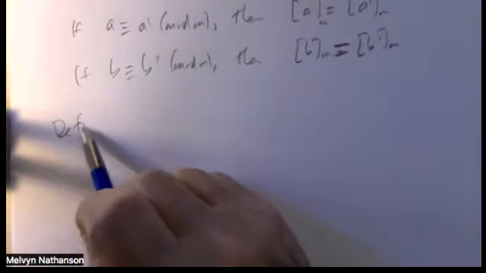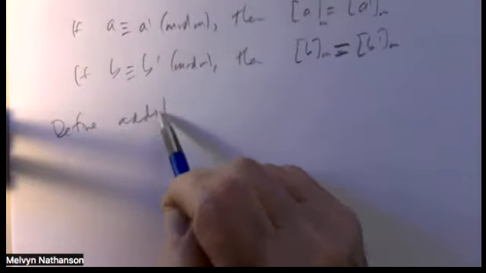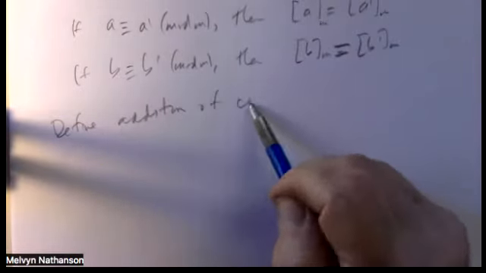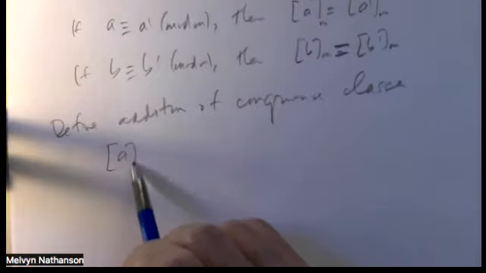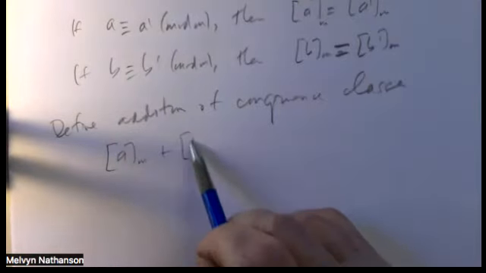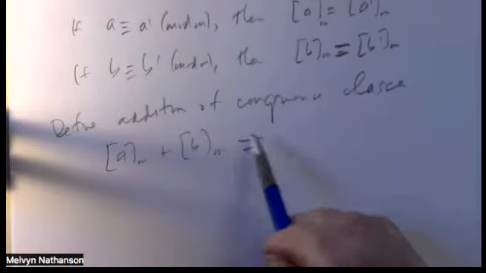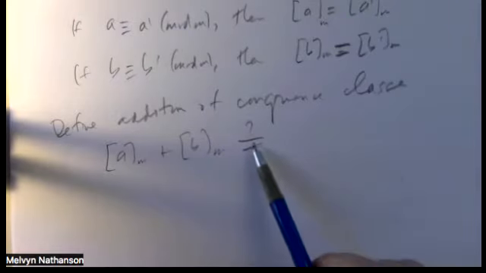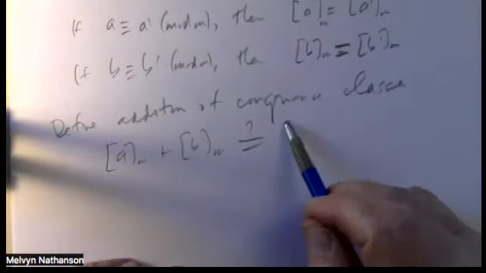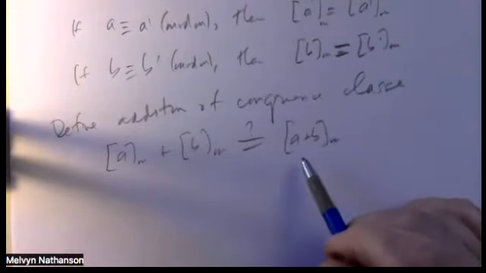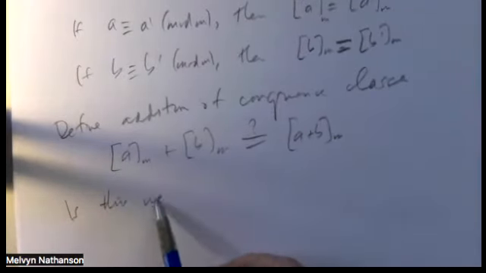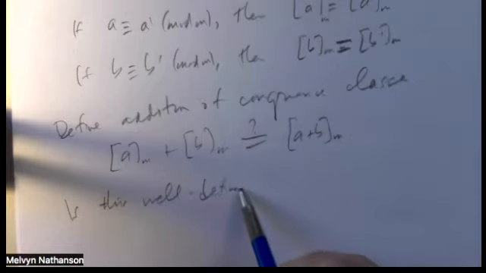Suppose we want to define addition of congruence classes. So if we have the congruence class of A and the congruence class of B, does it make sense to define this as the congruence class of A plus B? Is this well defined?